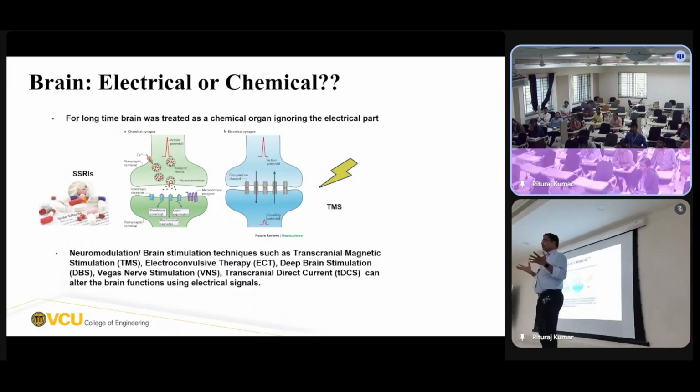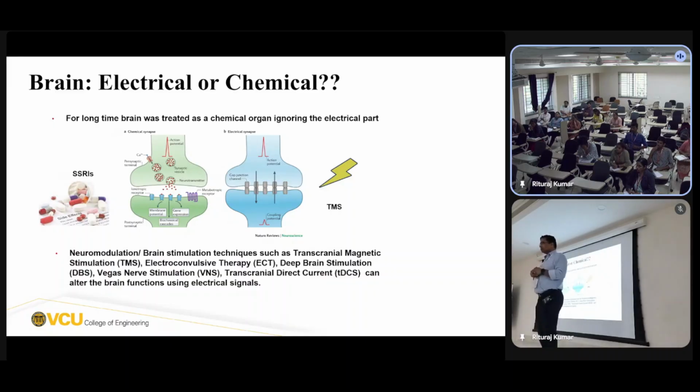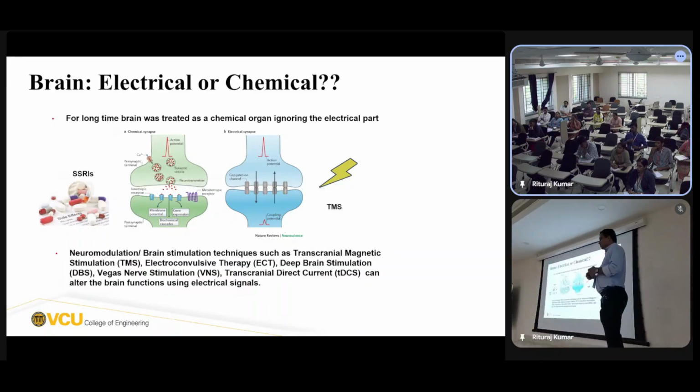A lot of people are having depression nowadays because life is complex, and other diseases have become slightly lesser, so diseases related to the brain are becoming more and more.